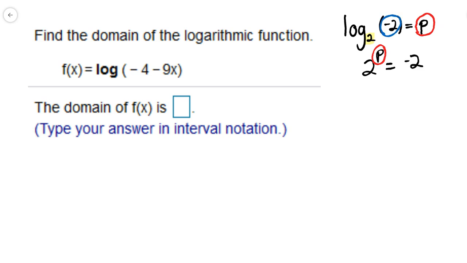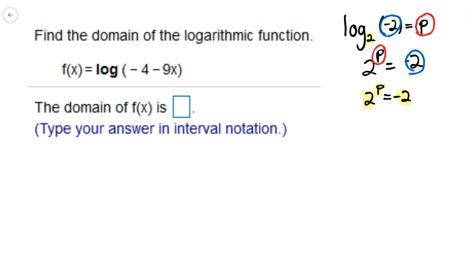Negative 2 is inside the log, so that's what my exponential equals. When I think about 2 to the p equals negative 2, you realize that this can never happen. You can't take a positive number and raise it to a power and get a negative answer. So we cannot take the log of negative numbers.